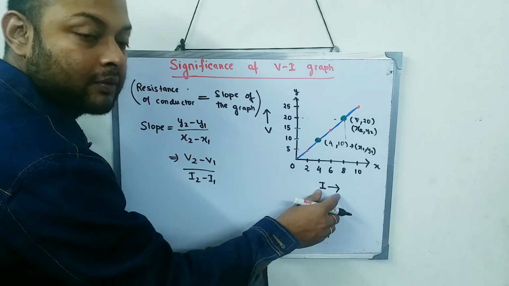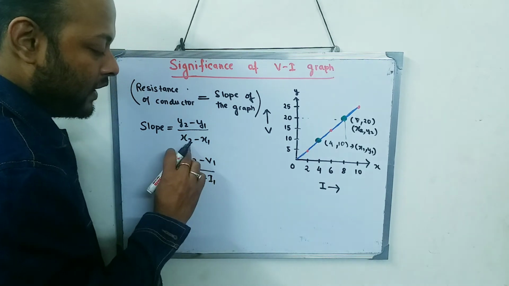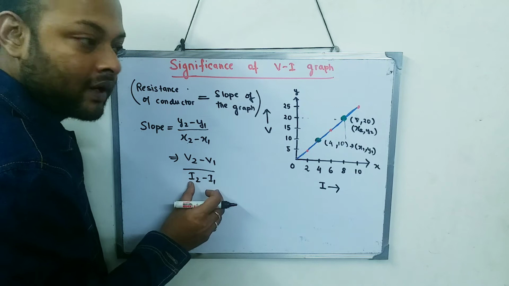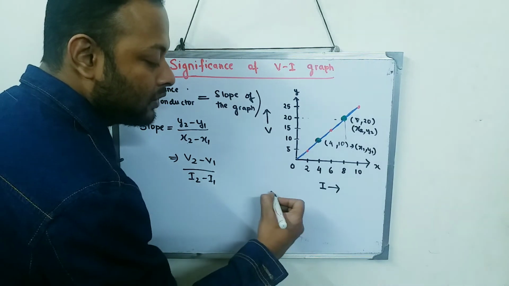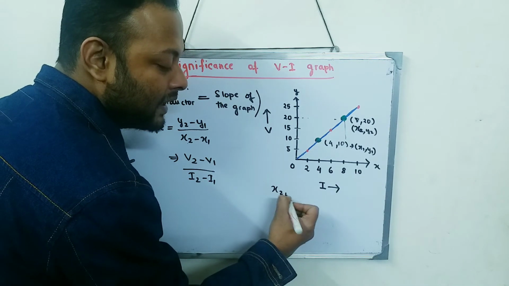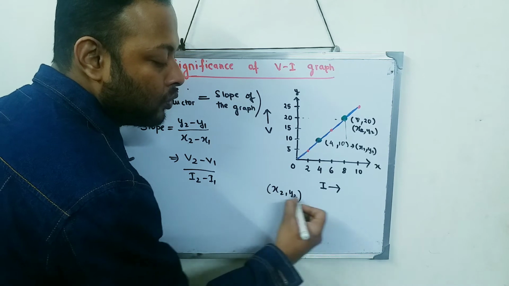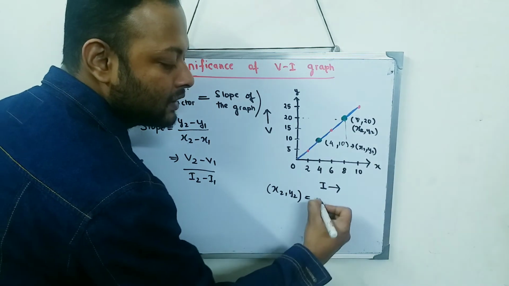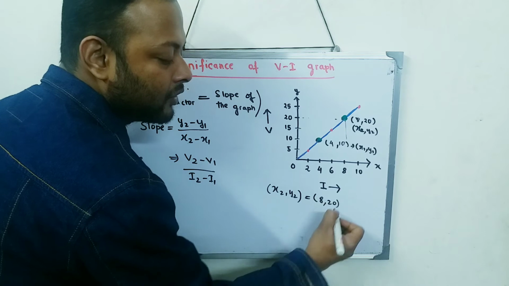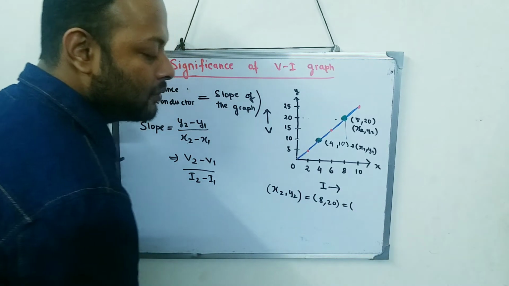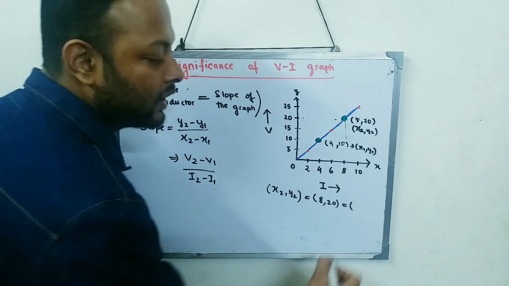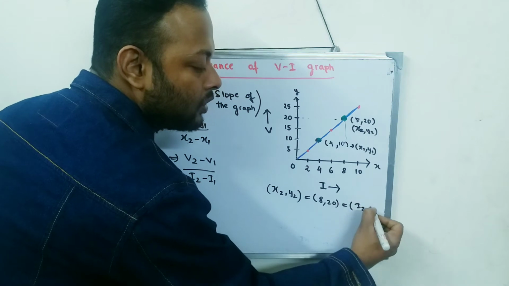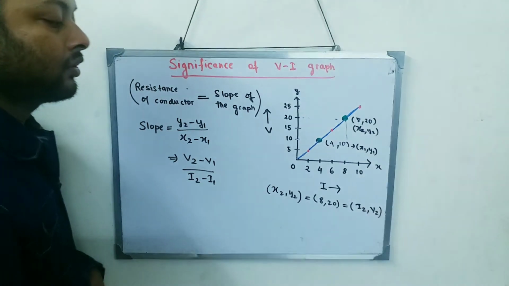So x2 and y2, which are 8, 20, represent I2 and V2.